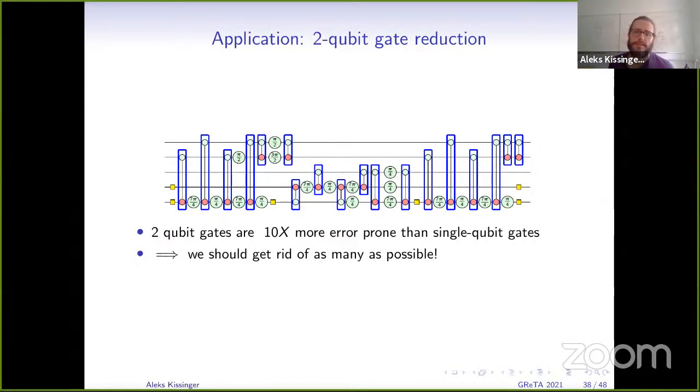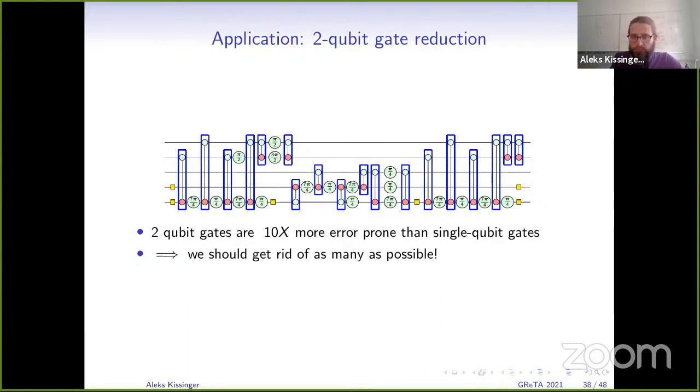Something relevant now is 2-qubit gate reduction. 2-qubit gates are, in general, about 10 times as hard to implement as single-qubit gates, for a lot of reasons having to do with the physics of how these quantum computers work. They are a lot more noisy, and you get crosstalk and leakage into higher energy states and so on. So if you talk to somebody trying to do stuff on a quantum computer today, they want to get rid of as many of these as possible. That's problem numero uno.